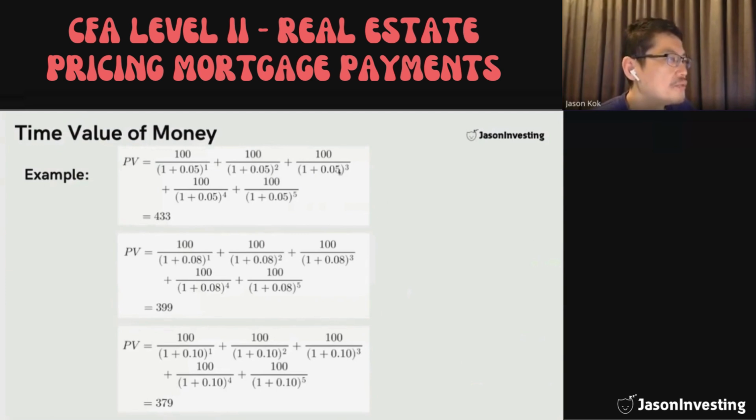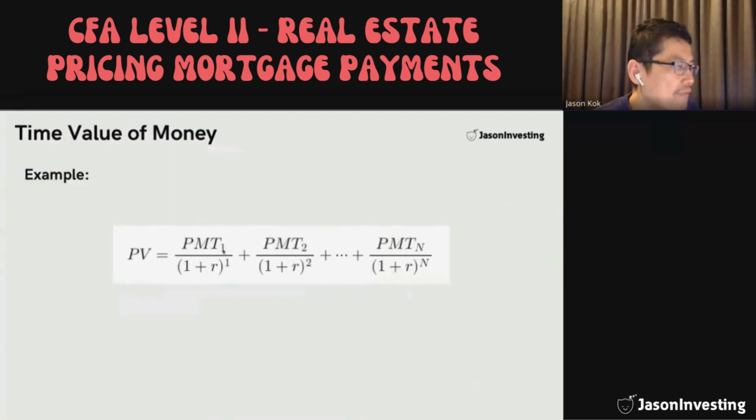So how much would you pay for this financial product? Before we get into the calculation, what does this remind you of? So you have a fixed payment every year until maturity, and you pay for that financial product in terms of the current PV. So that will be the current price you're paying. What does that remind you of?